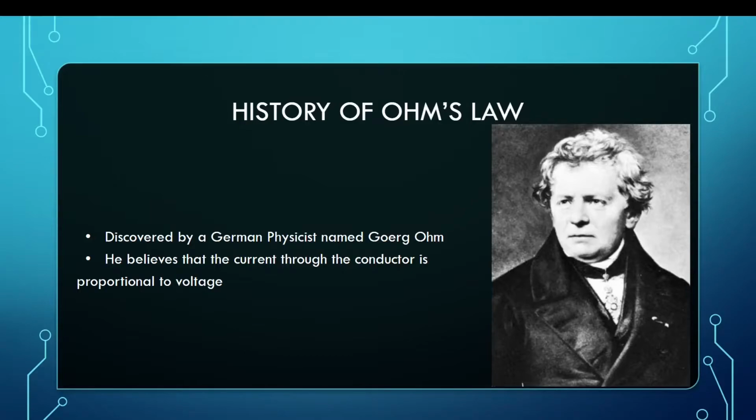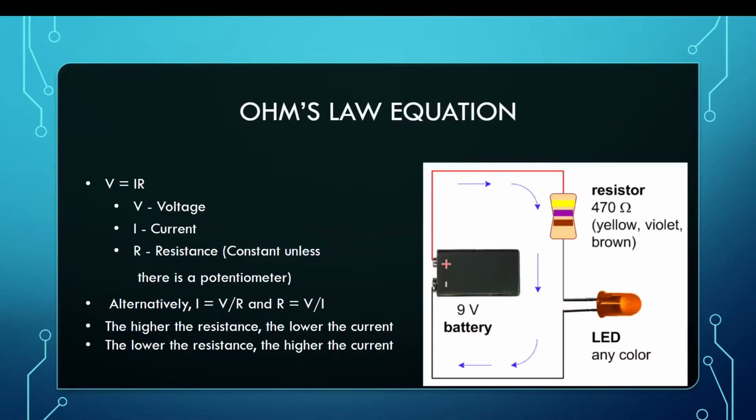Ohm's law is V equals IR. It's a famous equation used by many electrical engineers and electricians and basically anyone who does circuits. V is voltage, I is current, and R is resistance, or basically the resistor.